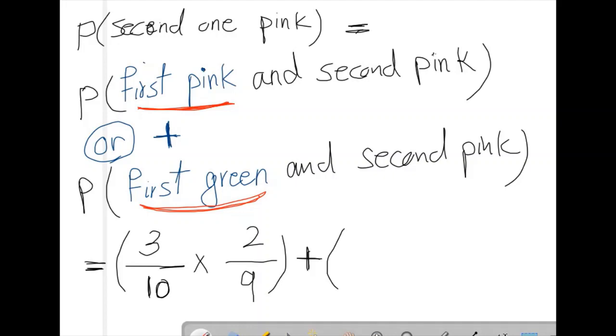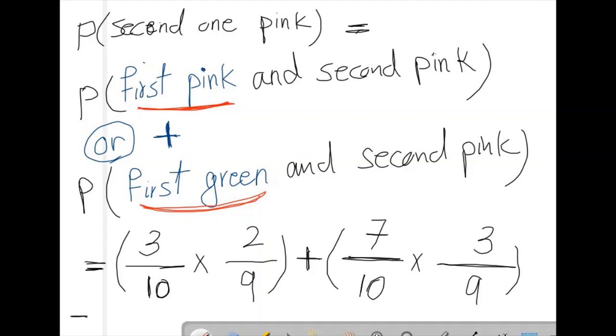First green, it means we have 10 in total, 7 green, and second pink, it means because the first one was green, we still have 3 pinks in the bag, but in total, because we put one green candy to the side, we have 9 candies.